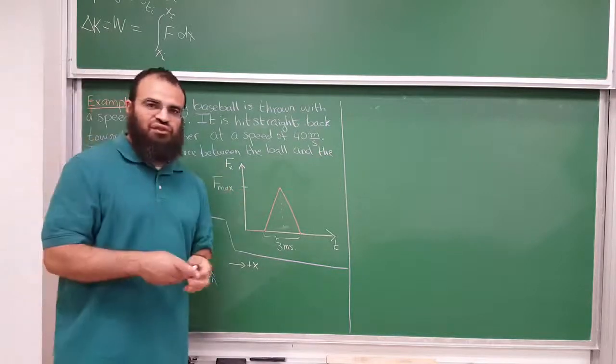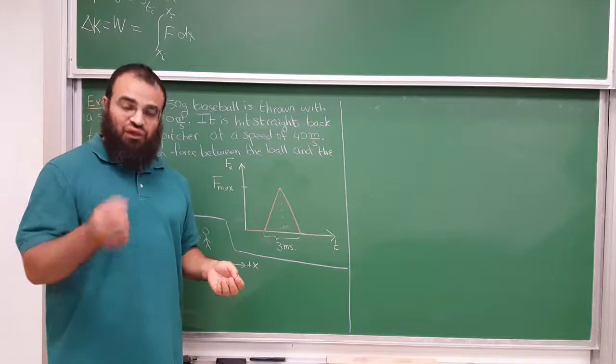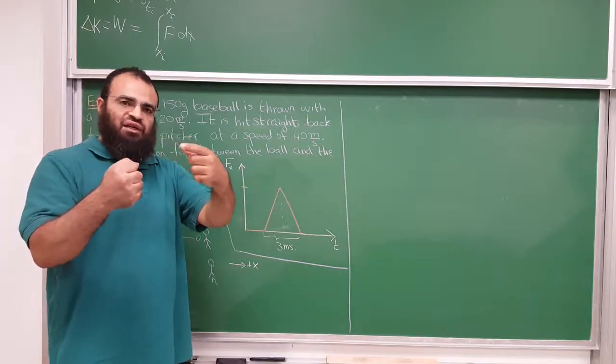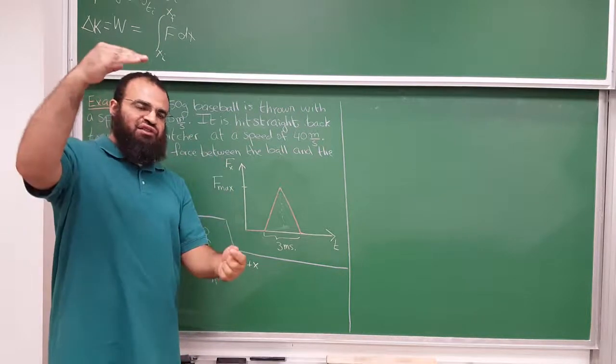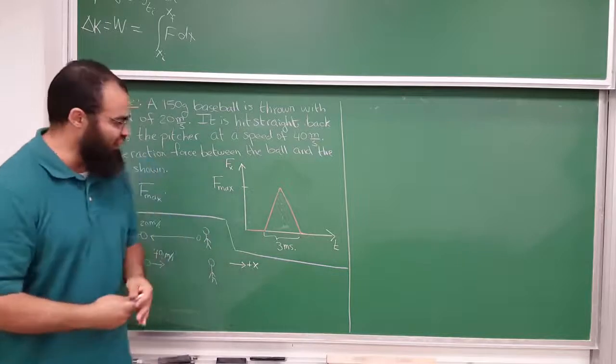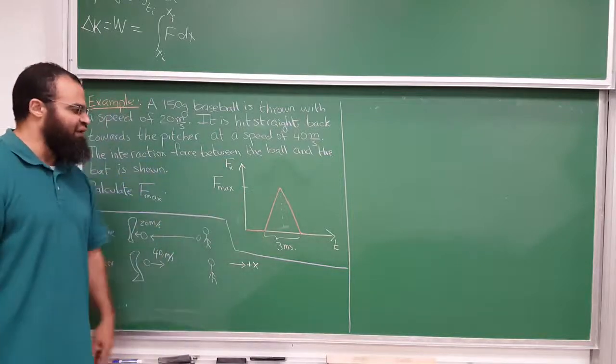There are force sensors that tell you how much force you're applying at this moment. So as soon as the baseball hits the bat, the force sensor will give you force readings, and then it will give you some kind of a shape, and usually maybe the shape looks like this. Anyways, somebody collected the data and gave us this.